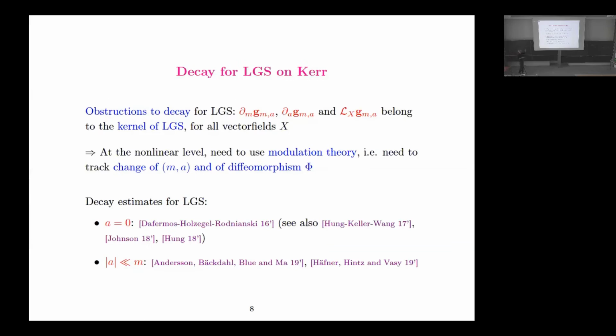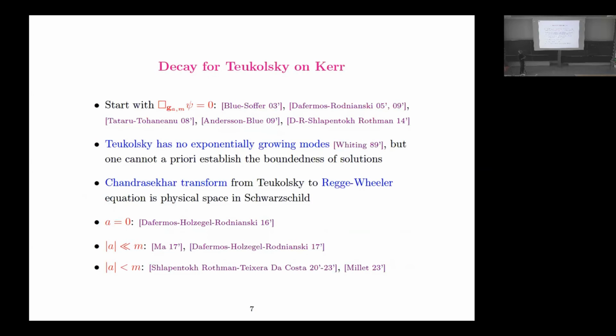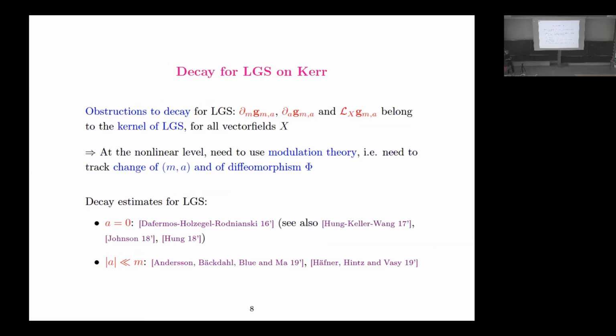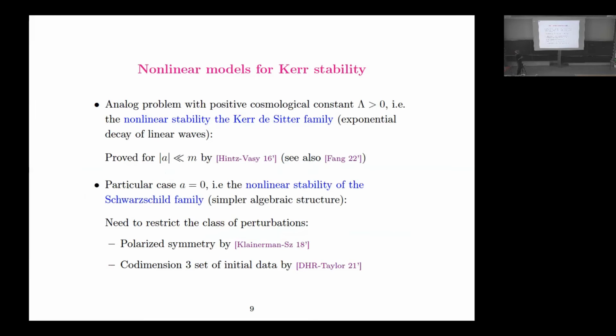So the result by Peter and Andras, and the result of Pascal Millet, actually follow from these techniques, which are fairly different and much more spectral in nature than the other results that I mentioned. Okay, so this allowed them. The analog problem of the Kerr stability is the stability of Kerr-de Sitter, and they obtained the nonlinear stability of Kerr-de Sitter in 2016 using their new spectral method.